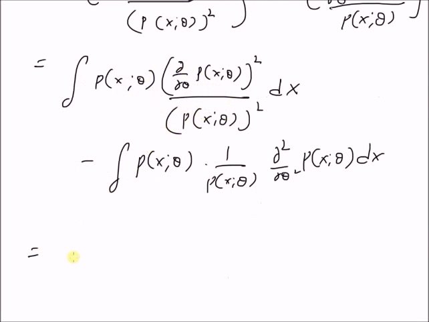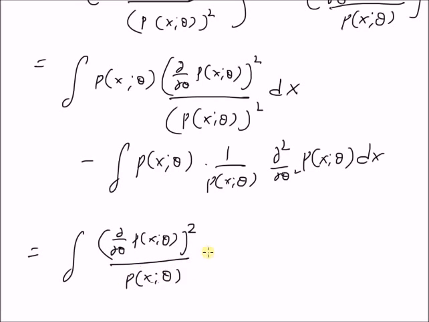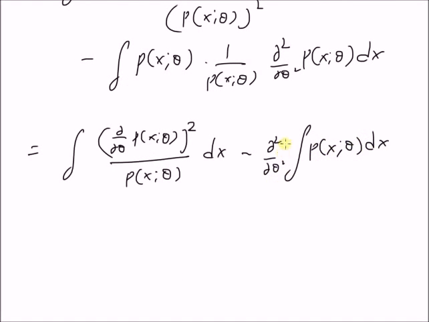Clearly, the first term becomes the integral of the first derivative of the probability distribution whole square divided by the probability distribution of x dx. The second term is the second derivative of the integral of the probability distribution of x dx, and since this integral is equal to 1 and the derivative of a constant is 0, the second term vanishes.